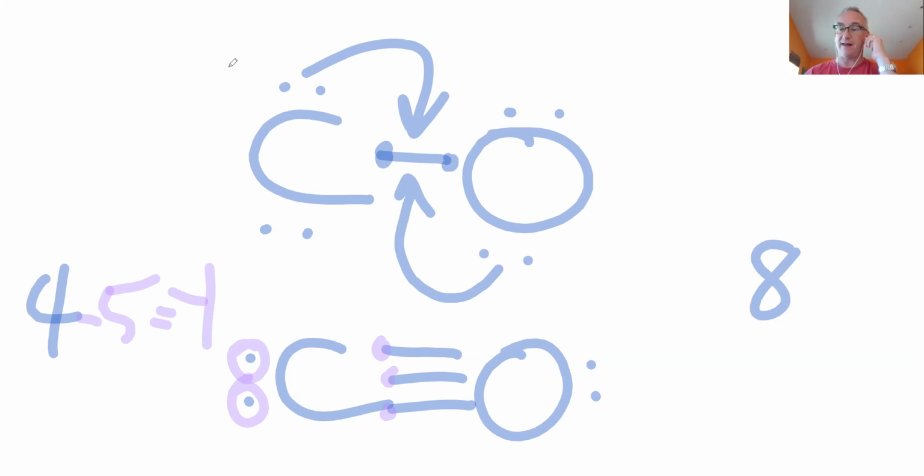How many valence electrons is it supposed to have? Oxygen has 6. Yeah, oxygen should have 6, right? An oxygen atom by itself is supposed to have 6 valence electrons. How many valence electrons does it actually have here? It's supposed to have 6. How many does oxygen actually have in this particular structure?